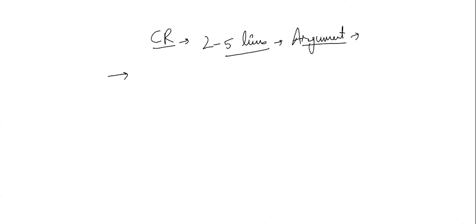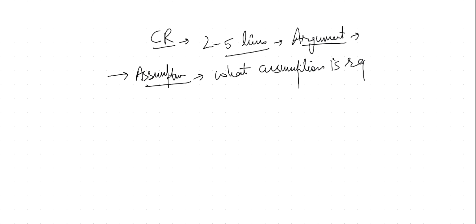For example, in assumption, the question would be, what assumption is required to make the argument? So the 5 answer options would be the assumptions, and one of them would be the correct assumption that is required for the argument. Don't worry, I'm just giving a glimpse of what the question would be like.